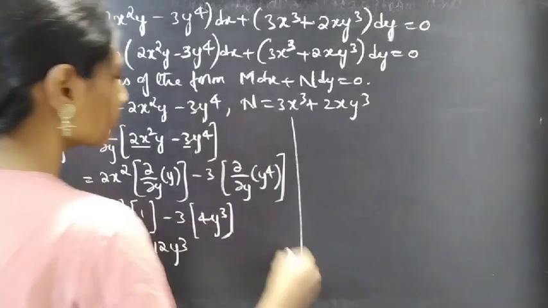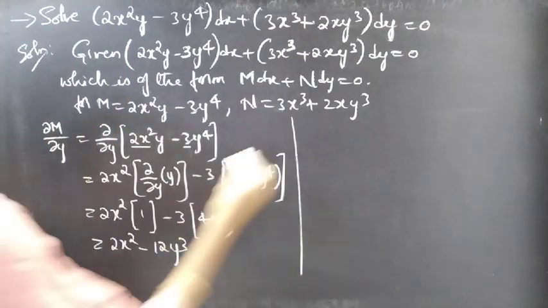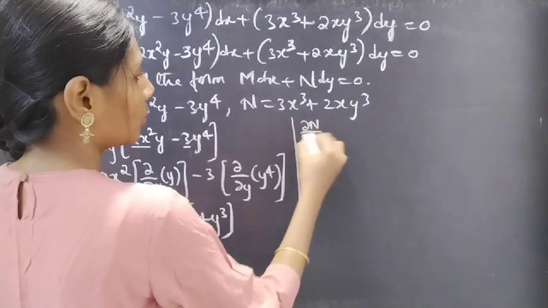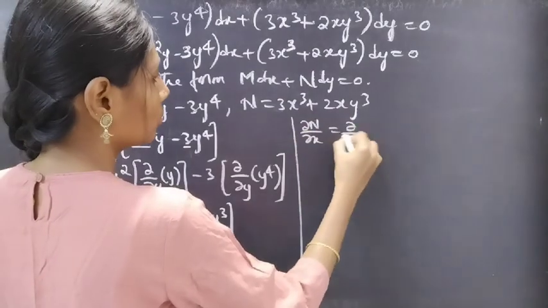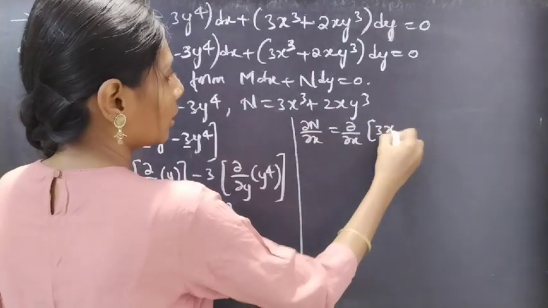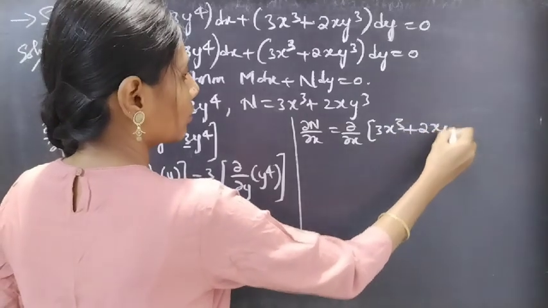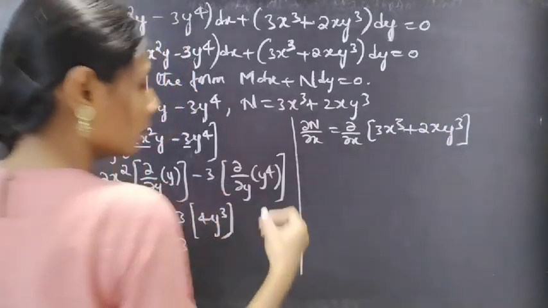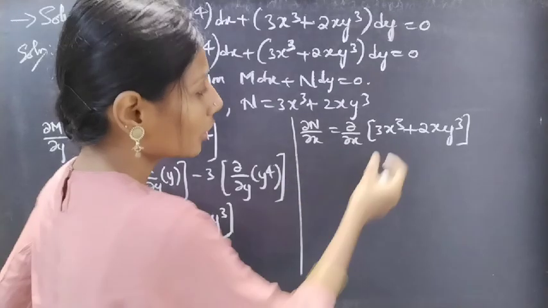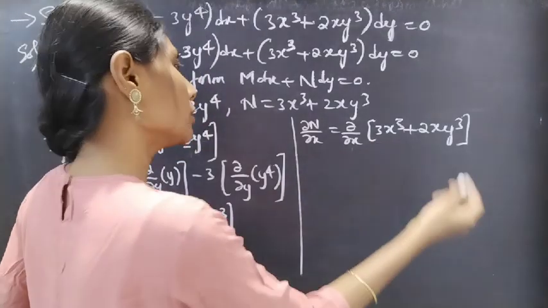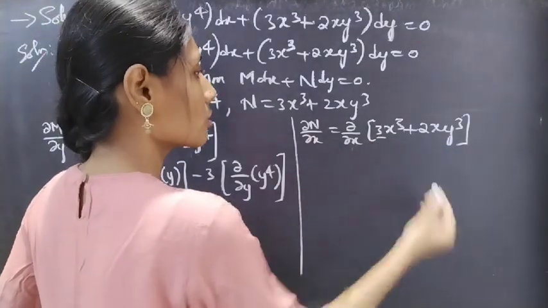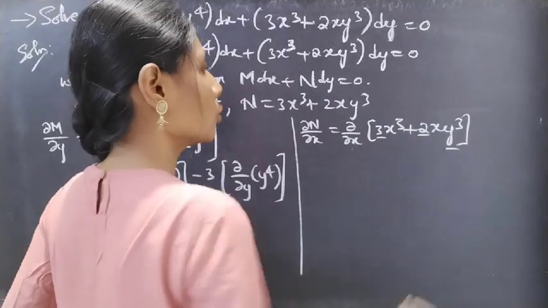Fine. Now we'll find the partial derivative of N with respect to x, for N equal to 3x cube plus 2xy cube. Here we are finding partial derivatives with respect to x, so we'll treat y as constant. In the first term 3 is constant and in the second term 2y cube is constant.